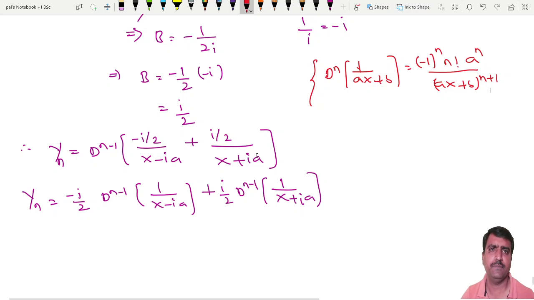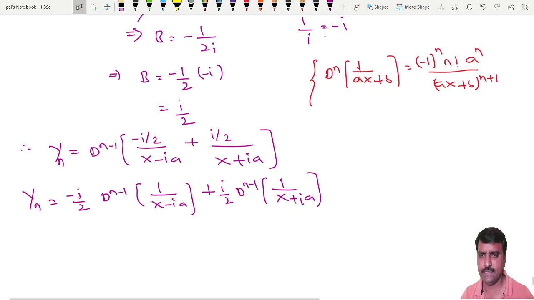So minus 1 to the power n minus 1, and n factorial becomes n minus 1 factorial, and similarly a to the power n becomes a to the power n minus 1, and ax plus b to the power n plus 1 becomes ax plus b to the power n. So here I am not applying nth differentiation, it is n minus 1th differentiation.